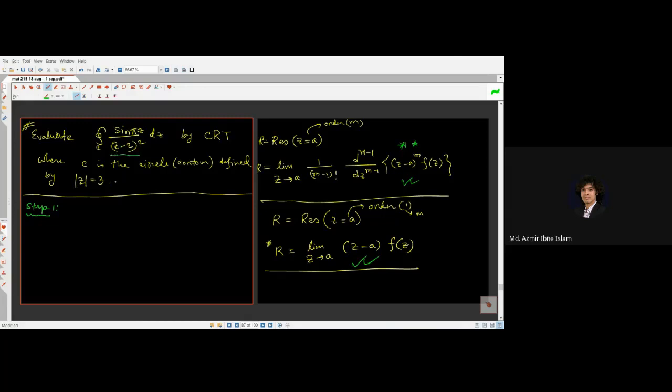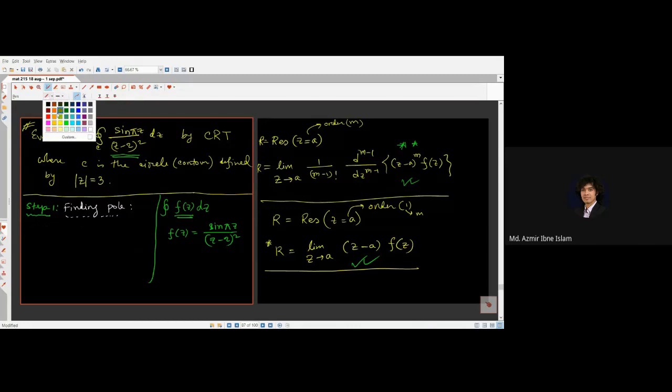Here the function is f of z, because if we compare with the integration of f of z dz, then this part is f of z. So here f of z is equal to sine pi z over (z minus 2) squared. This is our main function. Now step 1 is to find the pole. Finding poles is our main target in step 1.